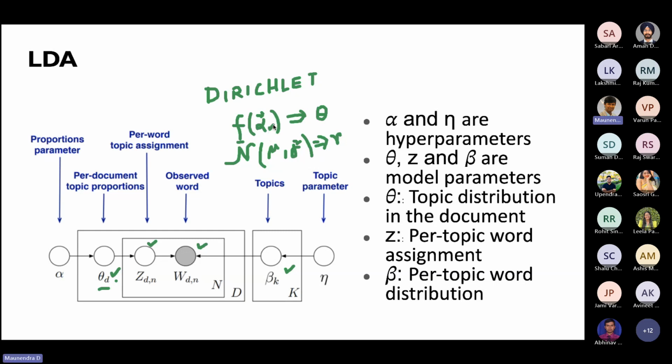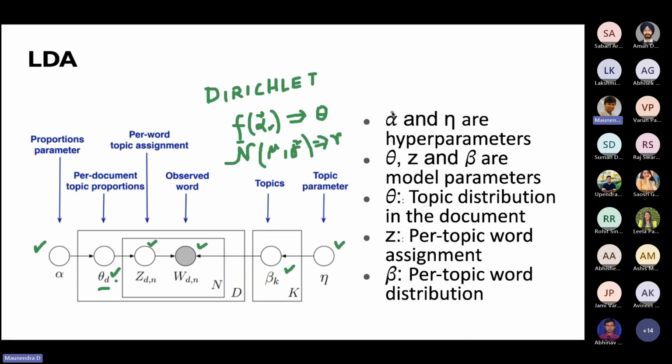For getting theta d, the parameter is alpha. For getting beta k, the parameter is eta. Actually we would not call them parameters, but hyperparameters, because based on these, the main parameters which govern the generating process come, and these are generated by keeping in mind some other fixed constant. So these are the hyperparameters.